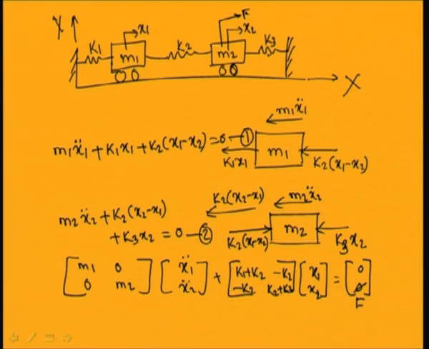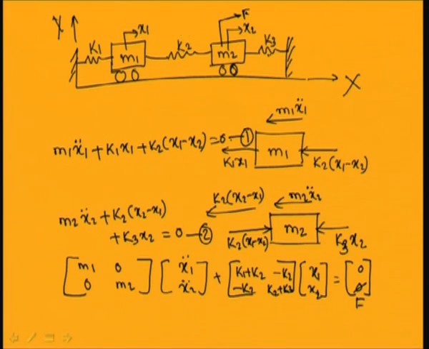Free body diagram of mass m1 I have drawn first. In this case the forces acting are the spring force k1 x1 and the force from the middle spring. As it is shared by these two displacements, on this side you have a displacement x1, and on this side you have a displacement x2.